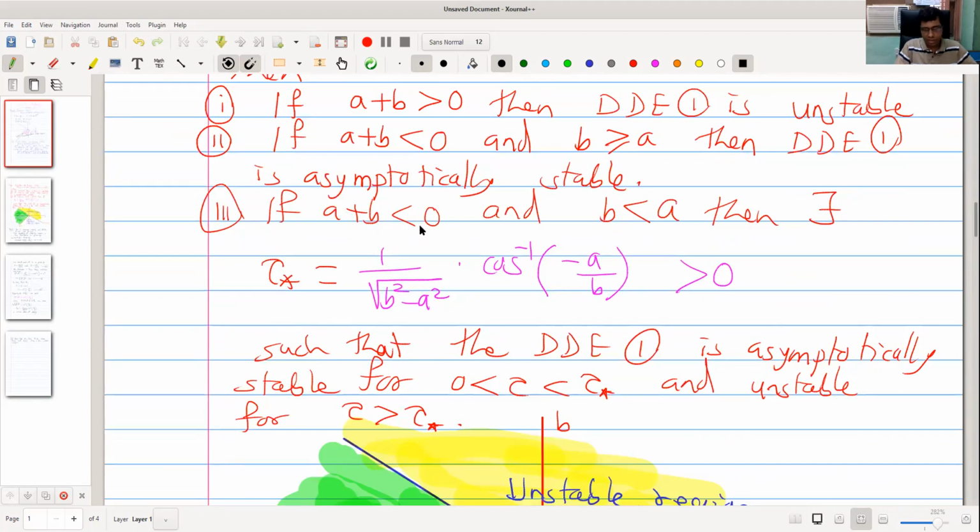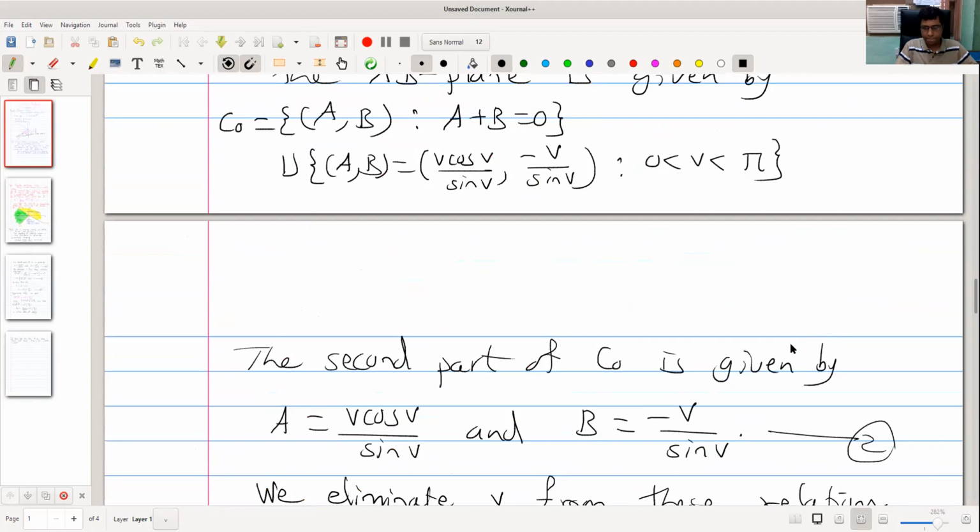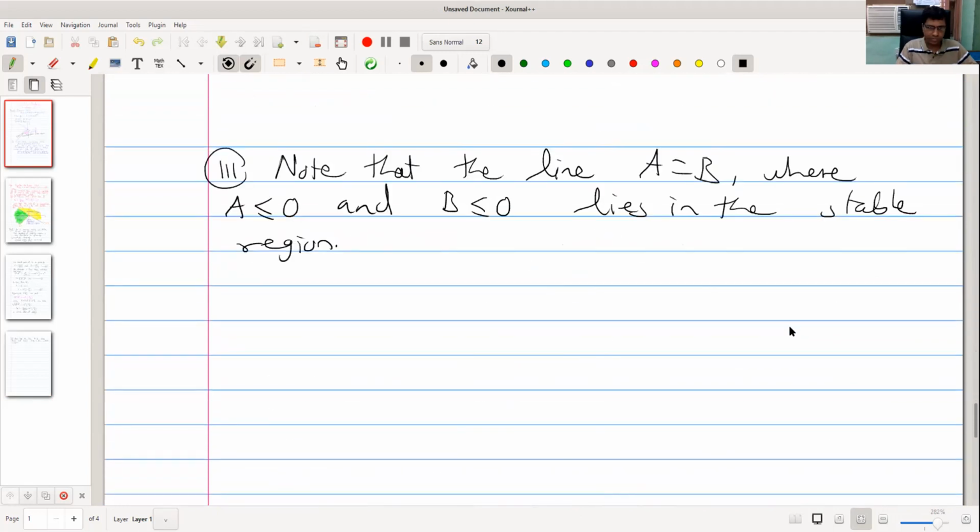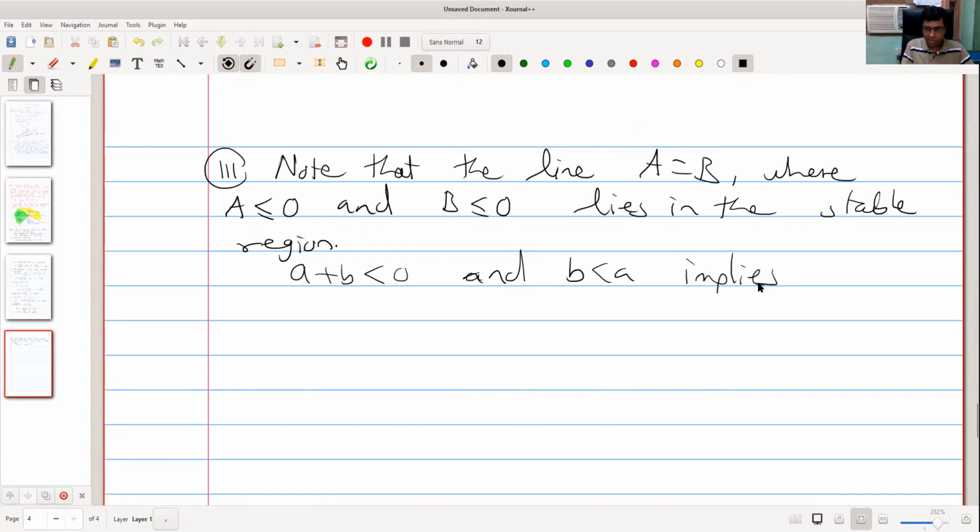We are assuming a plus b less than 0 means capital A plus capital B is also less than 0 and capital B is less than capital A. Small a plus b negative and small b less than a implies capital A plus capital B negative and capital B less than capital A. So we are in between.